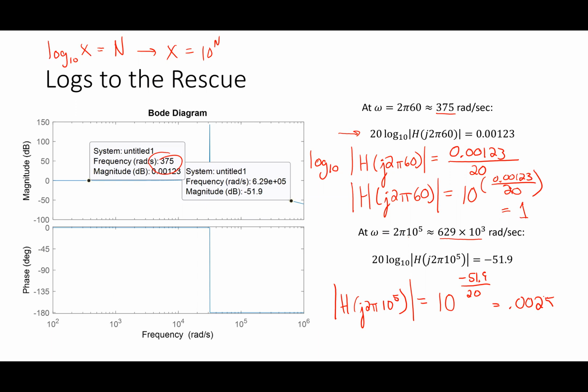That means that the output of this filter at that frequency is going to be 0.25% of the input, right? That's a good thing.